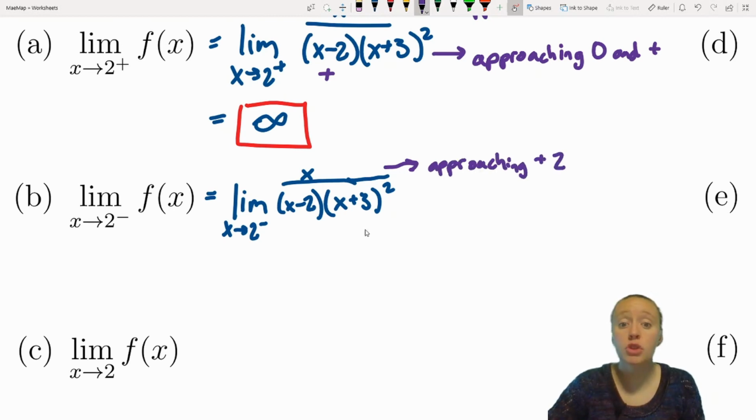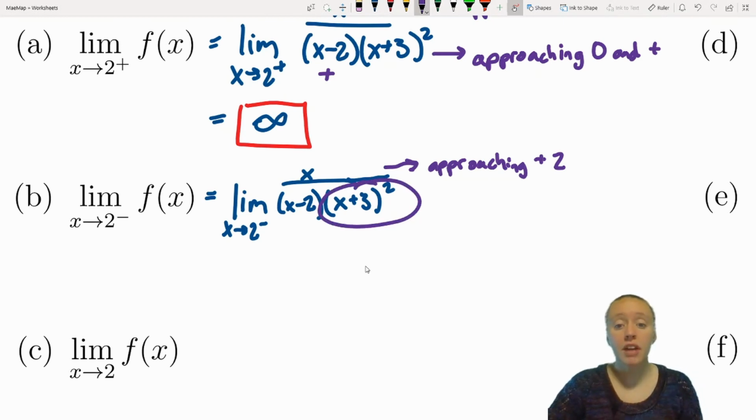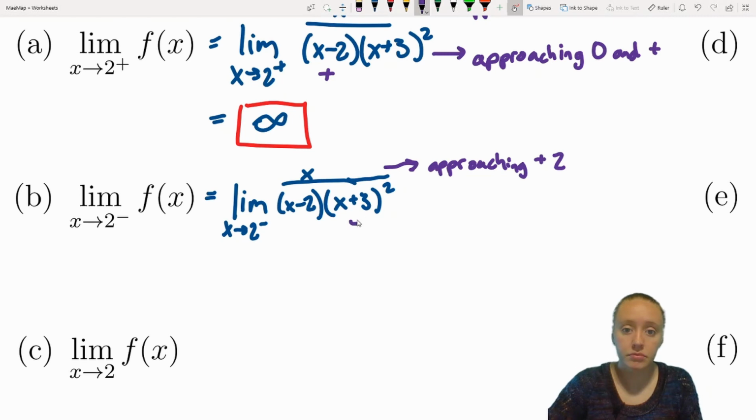But what's happening to our denominator now? Well, we already talked about how when we square this, regardless of whether we're approaching from the left or the right, when we're squaring this number, that's always going to be a positive. But now, if we're approaching 2 from the left, we see that this factor is indeed approaching 0, so our overall denominator is approaching 0.